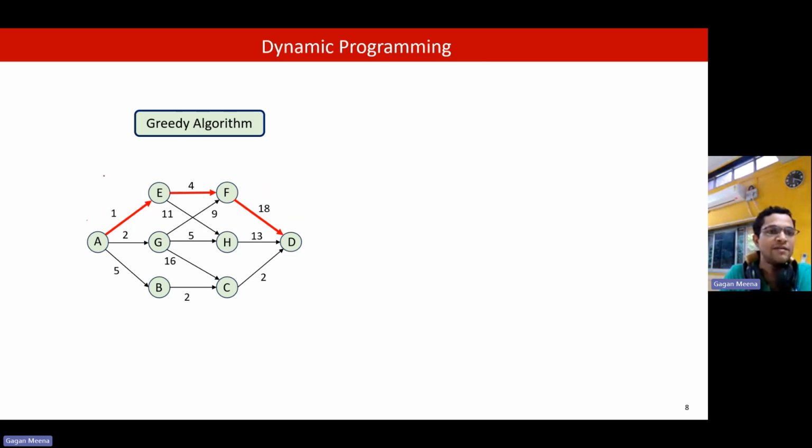If we see here, if we move from here to here, so this is stage one. This is stage two. This is stage three. We are moving from here to here.